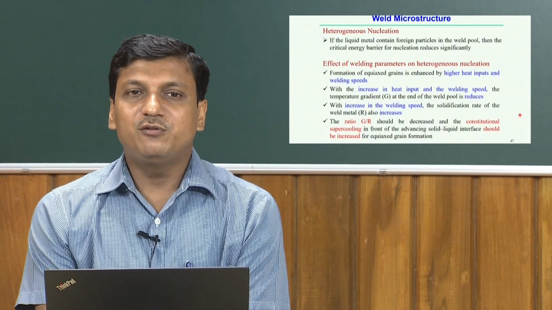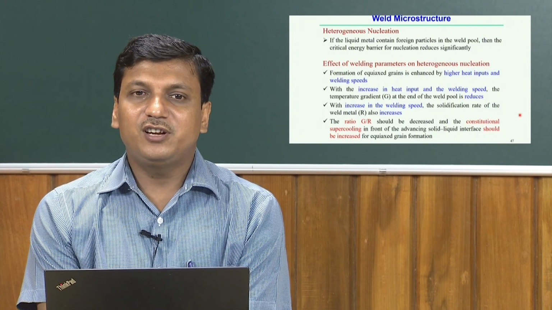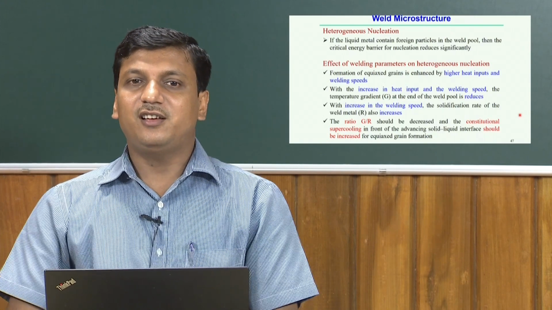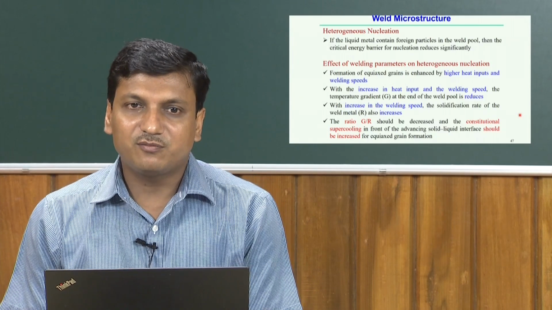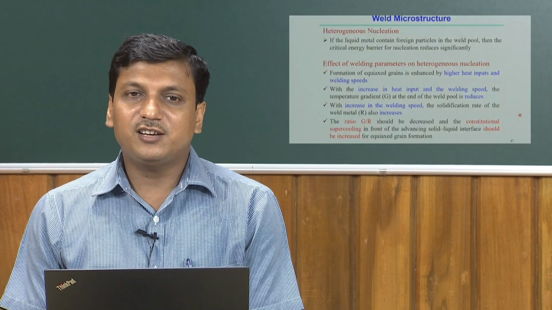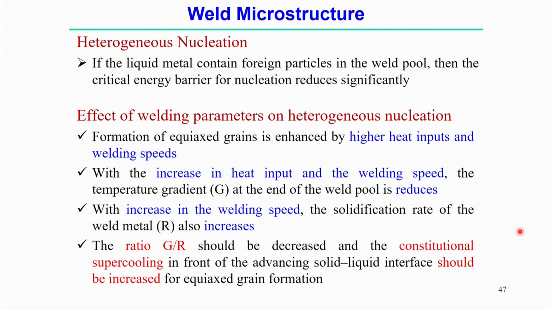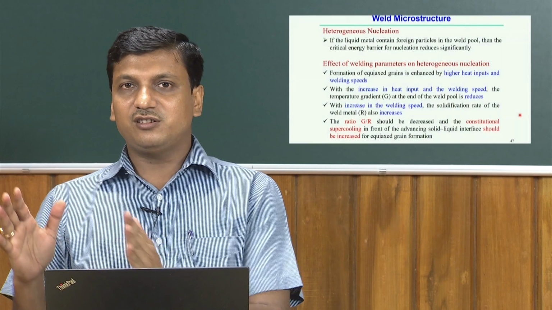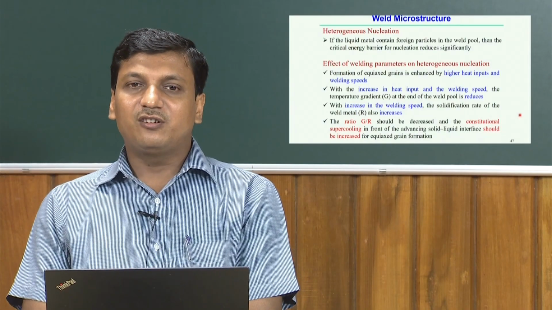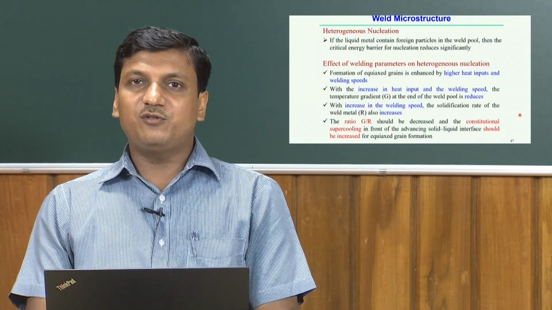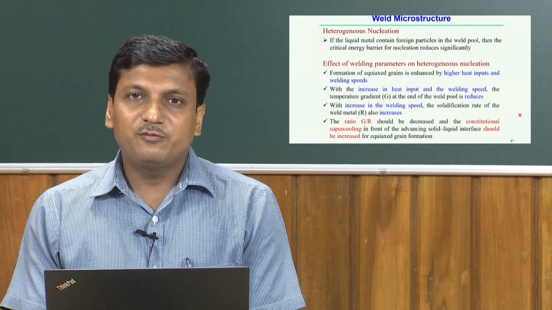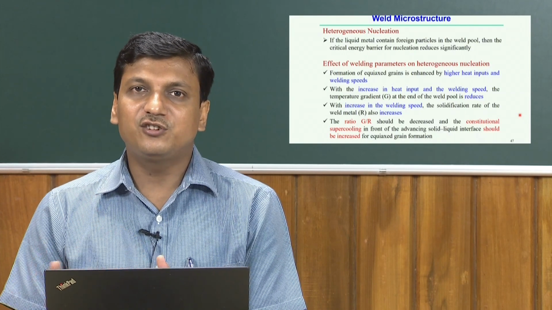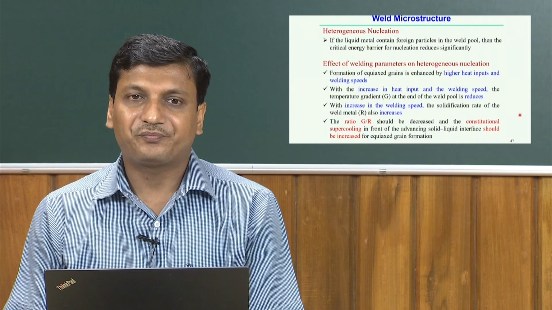Now, let us look at which welding parameters affect the heterogeneous nucleation process. First, the formation of equi-X grains is enhanced by higher heat input and welding speed. It is observed directly from the microstructure that higher heat input and very high welding speed promote the equi-X structure.